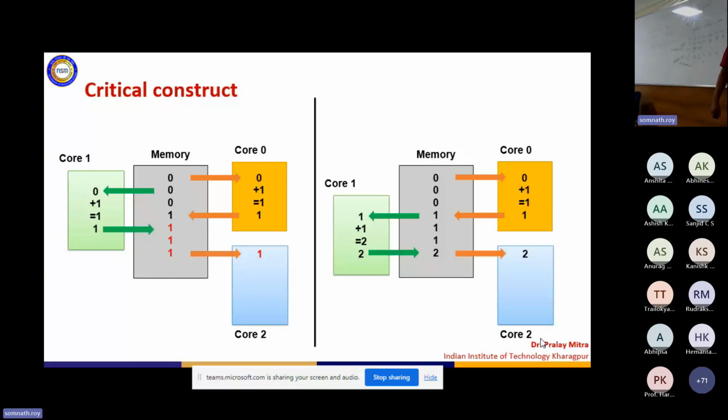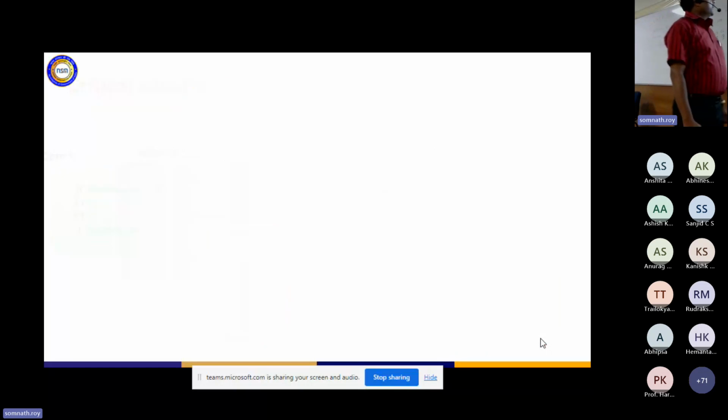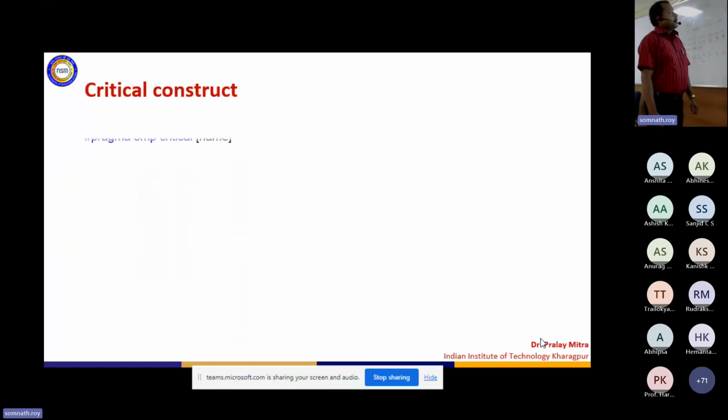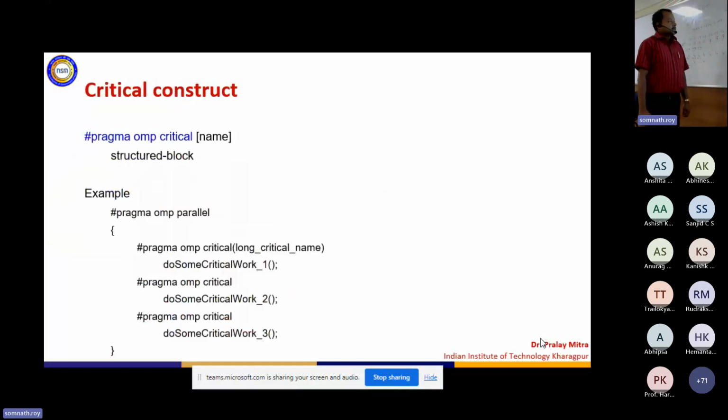So whatever the value at core 2 is 1 instead of 2, and that is a mistake. That is a consistency problem. This situation may happen. Okay. So if this kind of situation arises, then we have to write one critical construct.